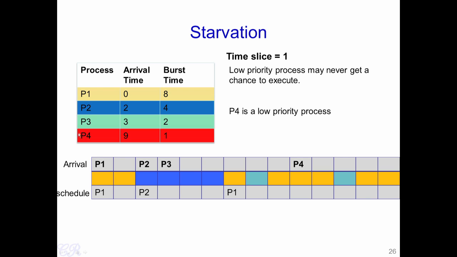At that time, process P4 will get a chance to execute in the CPU. Thus, we see by elevating process P4 over time, the starvation that would otherwise have occurred since P4 was a low priority process is eliminated.